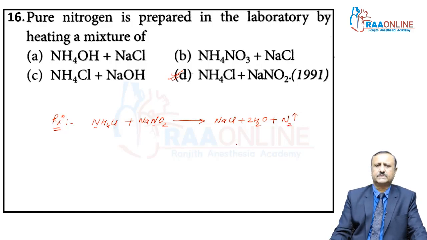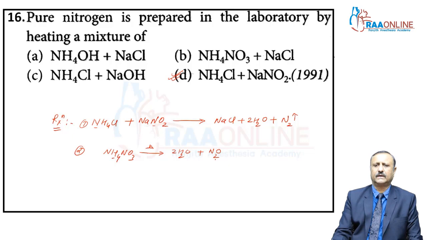That is why N2 molecules evolve. Here, my dear students, I give you a small trick to know whether you get nitrogen or N2O. In the second reaction, when NH4NO3 is heated, all the hydrogen atoms are removed as water, because 4 hydrogen atoms are present, so they are removed as 2H2O, and the remaining nitrogen is present, that is N2, and 1 oxygen atom is remaining, so 1 oxygen is attached with this nitrogen.